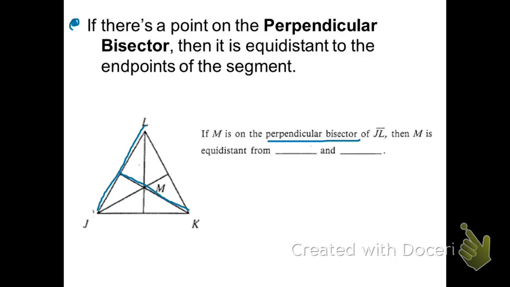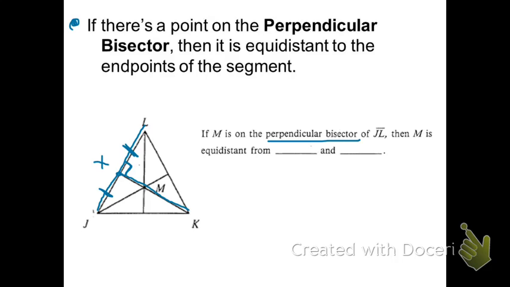So we know two things. We know that this segment from J, and we'll call this point X, so JX is congruent to XL, and also that JL is perpendicular to the line XM. Those are two things we can conclude because XM is a perpendicular bisector.